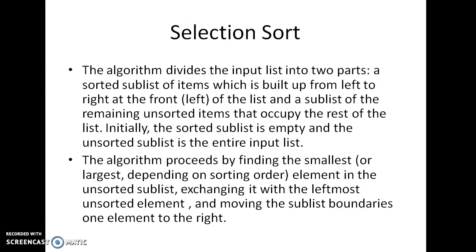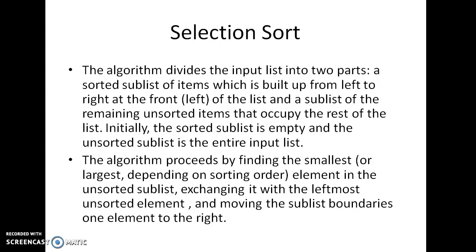Like the previous insertion sorting algorithm, this algorithm also divides the list into two sublists. One is the sorted sublist, another is the unsorted sublist. The sorted sublist will be built from the left or the front of the array.